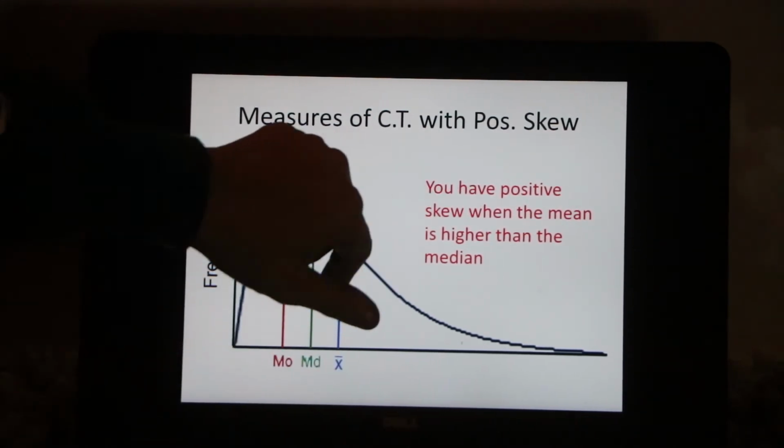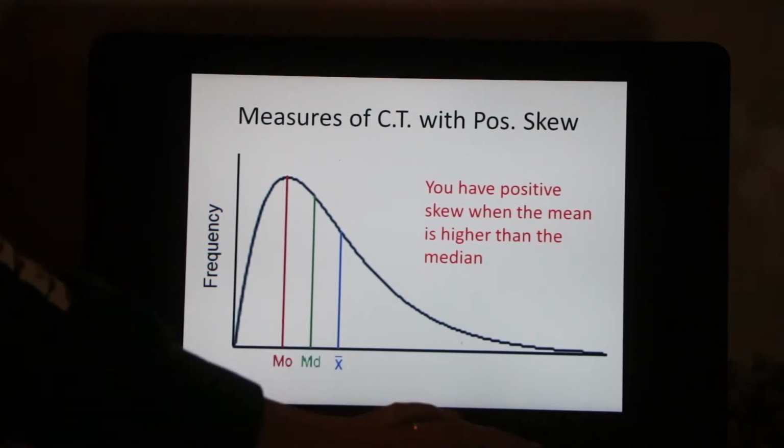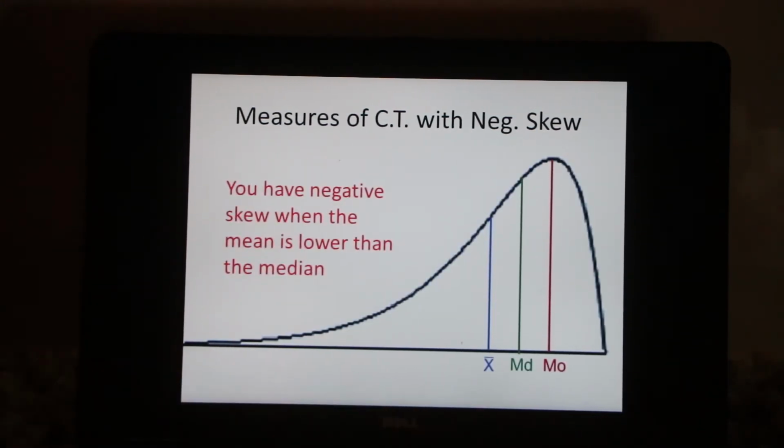In red, it's saying when the mean is higher than the median, you have a positive skew. When the mean is lower than the median, or to the left of the median, you have a negative skew, so it's being pulled in this direction.